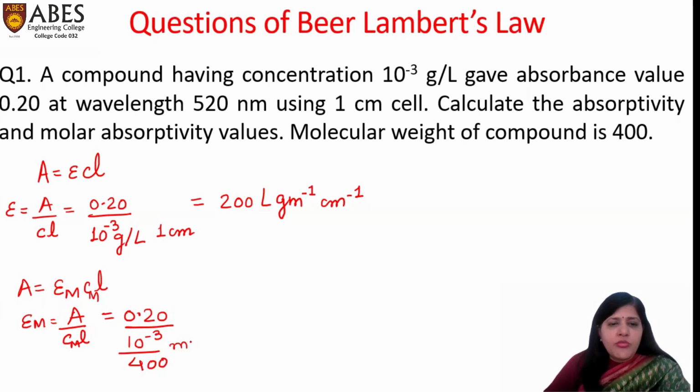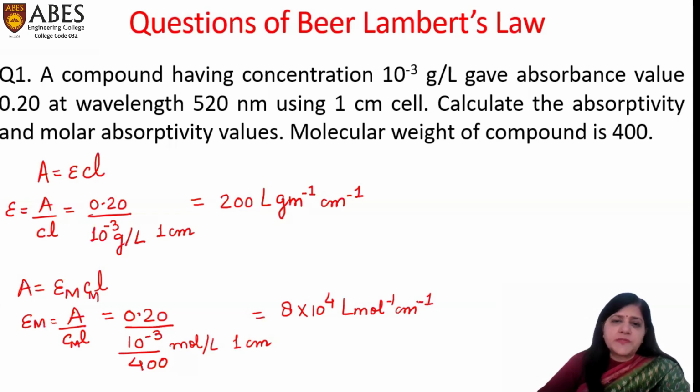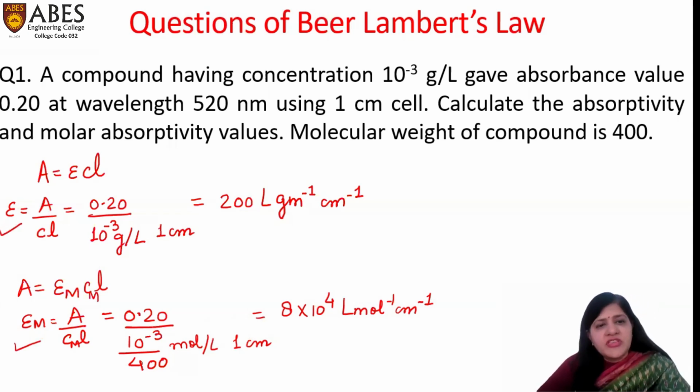This is mole per liter and L is 1 centimeter. This is 8 into 10 raised to the power 4 liter mole inverse centimeter inverse. So in this way, we have calculated molar absorptivity and absorptivity for the given solution at 520 nanometer wavelength.